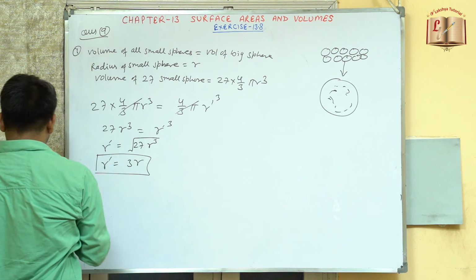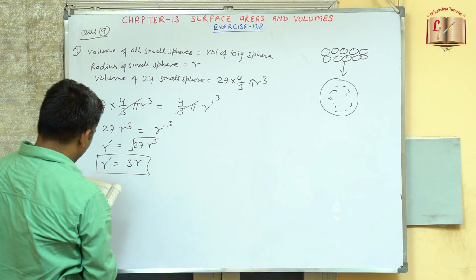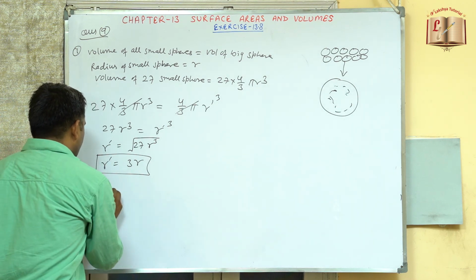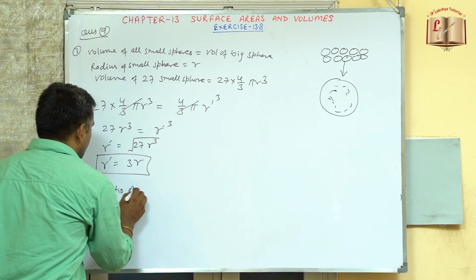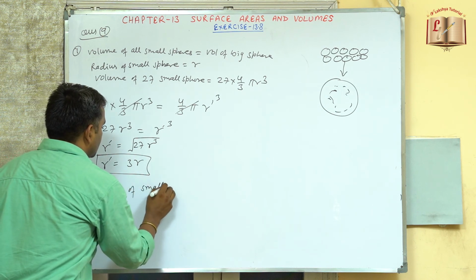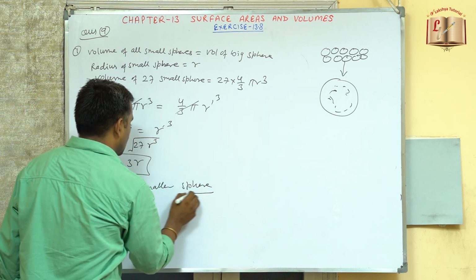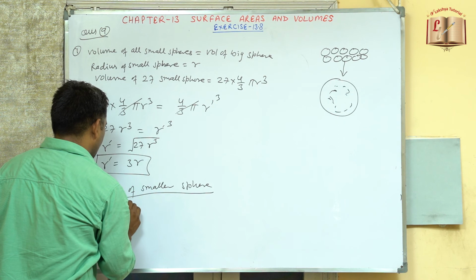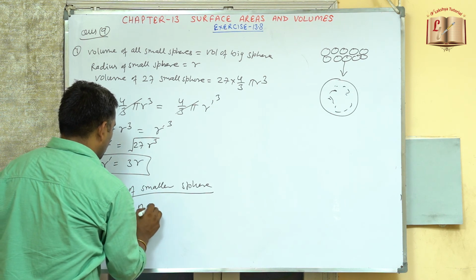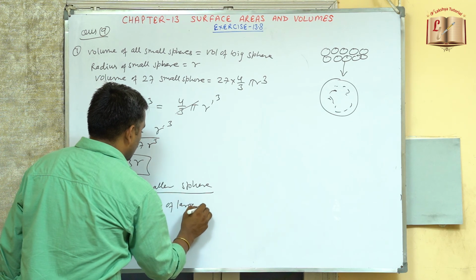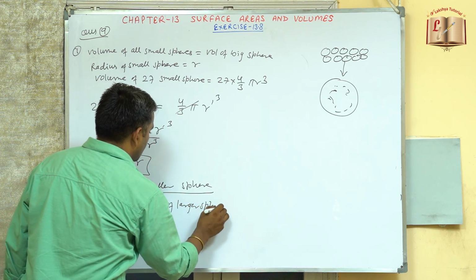So coming to the second one, the ratio of s dash to s. So ratio of CSA of the smaller sphere divided by CSA of the large sphere.